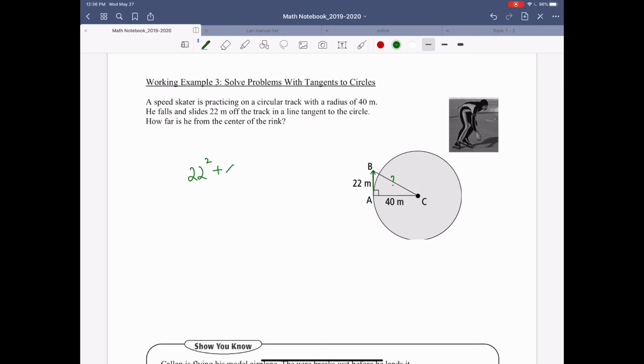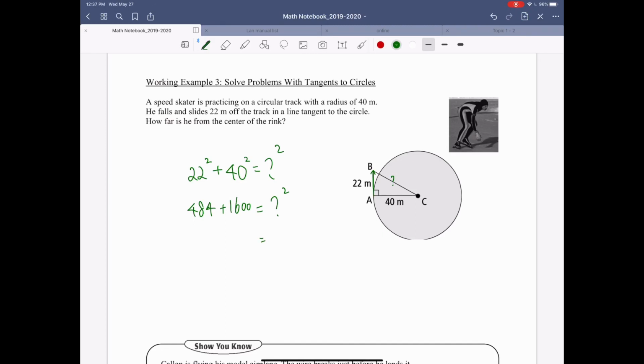22 squared plus 40 squared will give you question mark squared. Okay, so 22 squared will give you 484 plus 1600.